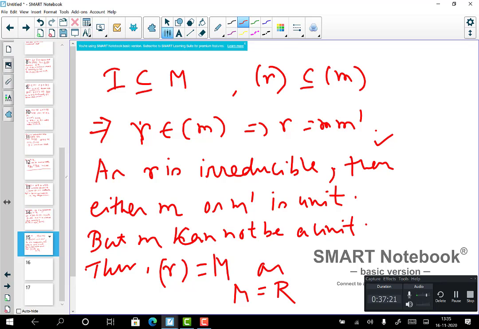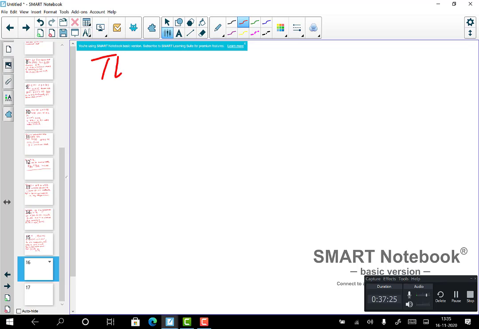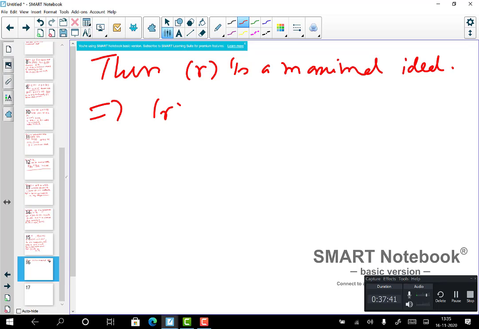And this is the proof saying that this ideal generated by R is a maximal ideal. Maximal ideals are also prime ideals, which I already proved.